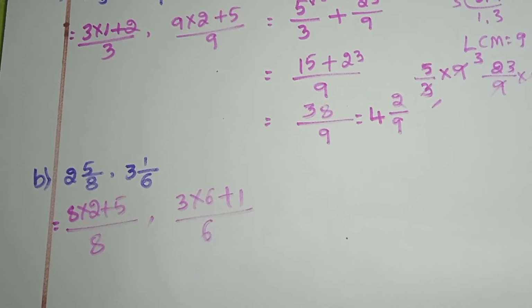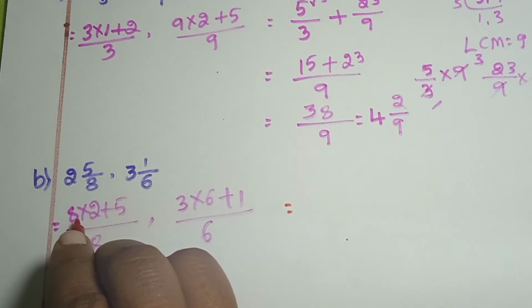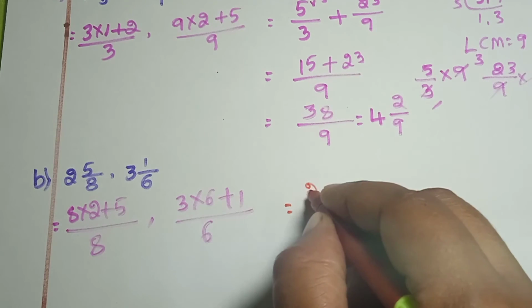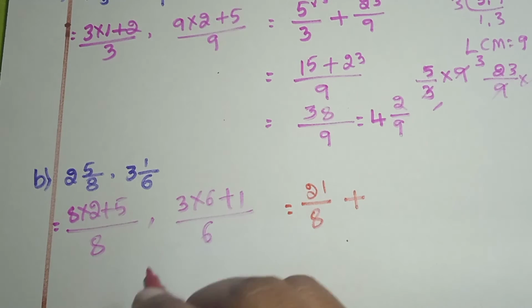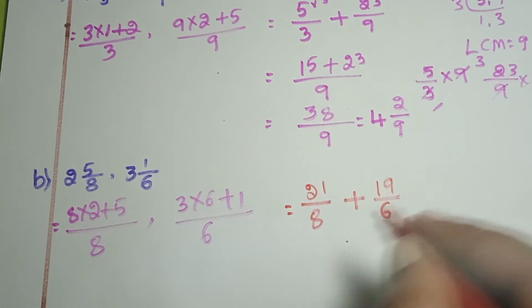Then after that, what should we do now? We have to multiply and add these numbers. 8 2s are 16. 16 plus 5, 21. 21 divided by 8 plus 3 6s are 18. 18 plus 1, 19. 19 by 6.